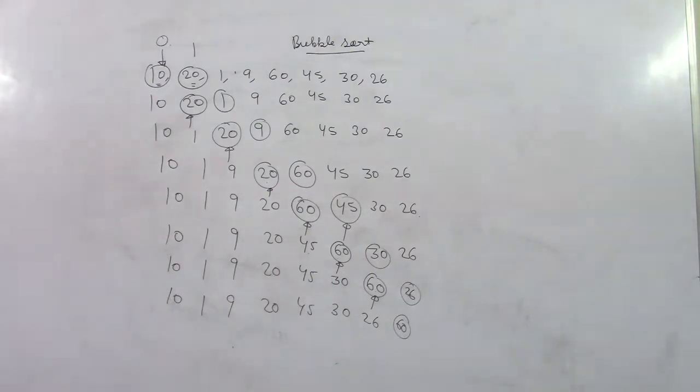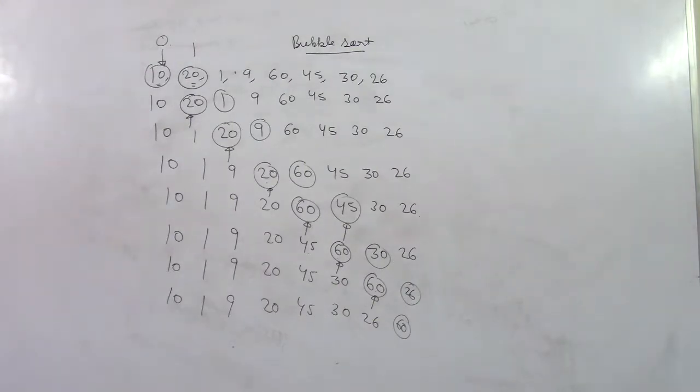So what I will do? I will repeat the complete statement starting from 0, but not till the last moment, till the last moment minus 1, because initially I have 8 elements.